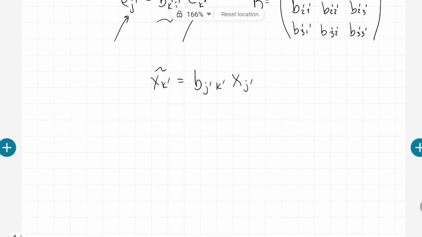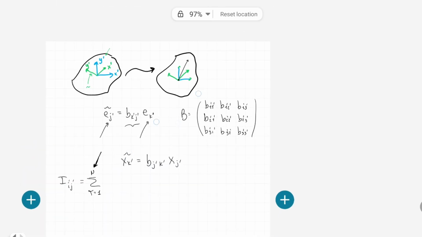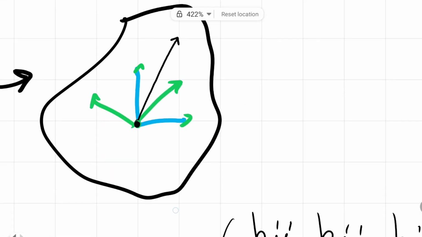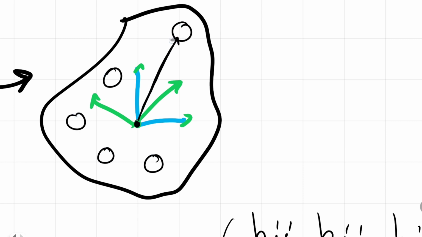Let's remember that we defined the inertia tensor I_ij. The components of the inertia tensor are defined as the sum from alpha equals 1 up to n, if the rigid body is made of n particles. This is the expression for a discrete rigid body that is made of n particles. So this R vector locates one of those particles that we name R alpha, so alpha goes from 1 up to n.